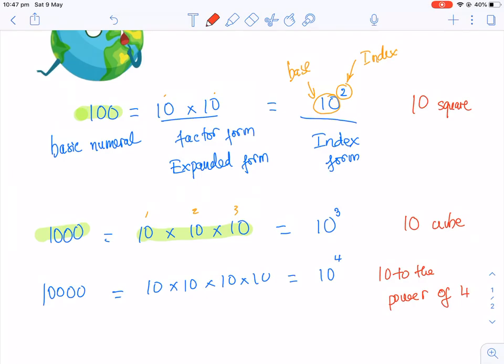So you can see here, if we have 2 zeros, it's going to be 10 to the power 2 or 10 square. If it's 3 zeros, it's going to be 10 to the power 3 or 10 cube. And this one we have 4 zeros, so it's going to be 10 to the power of 4.